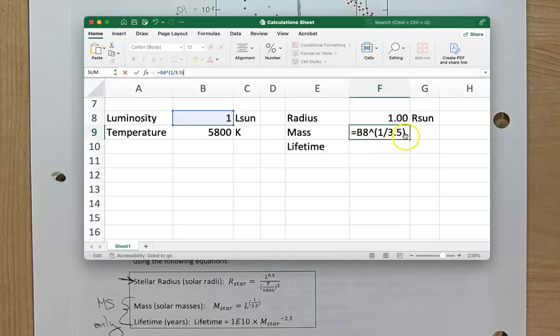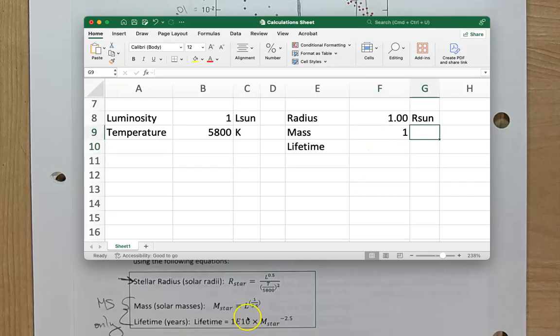So we got to put these parentheses here to make sure that it raises the luminosity to the right exponent. All right. And this equation gives us the mass in solar masses. So again, why does this main sequence star have the same luminosity as the sun and the same size as the sun? Because it's the same mass as the sun.